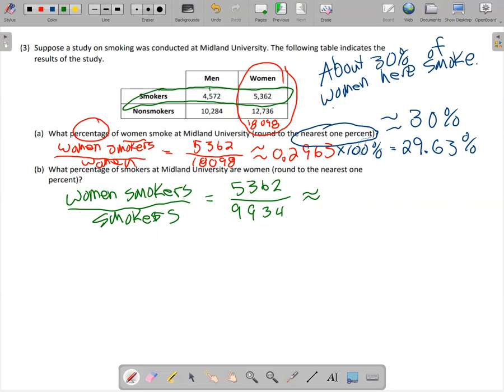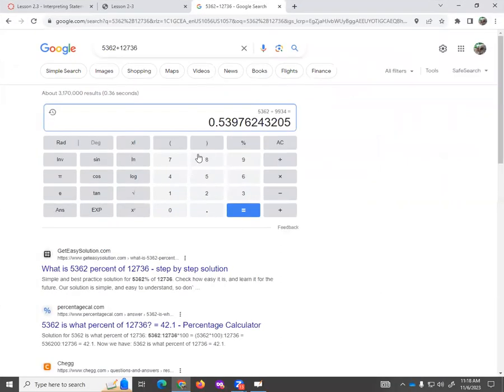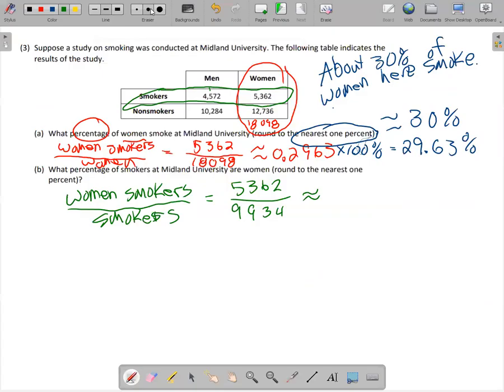So I'm getting about 0.5397, and so on. Now we want the nearest whole percent, multiplying that by 100, 54%. Sound right? That is about, again, my calculator said 0.54-ish.